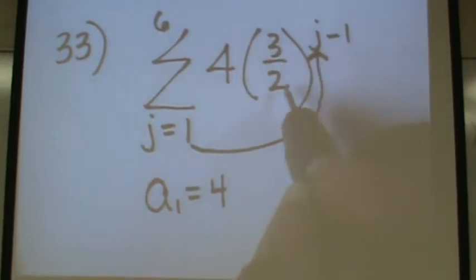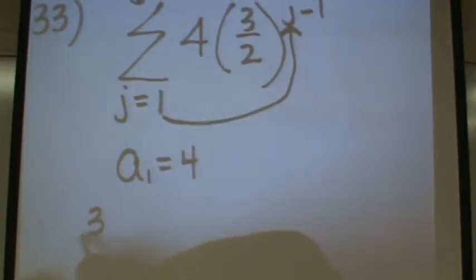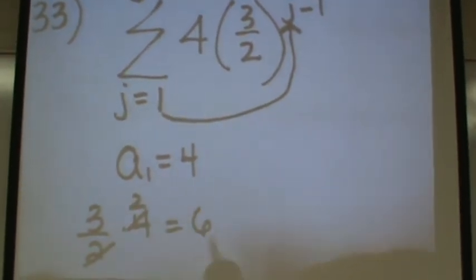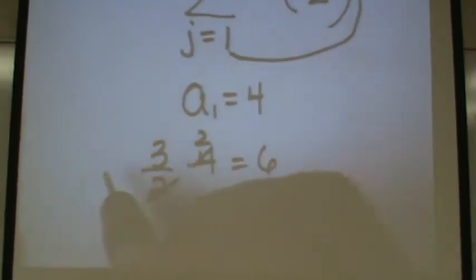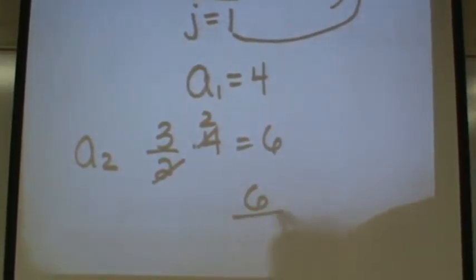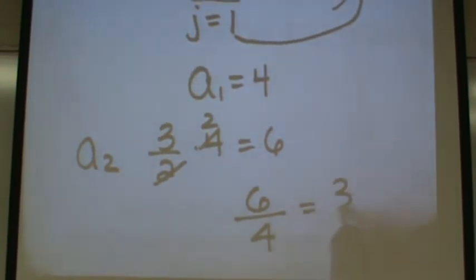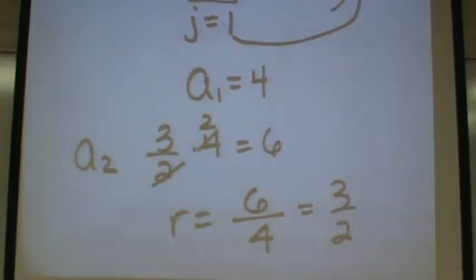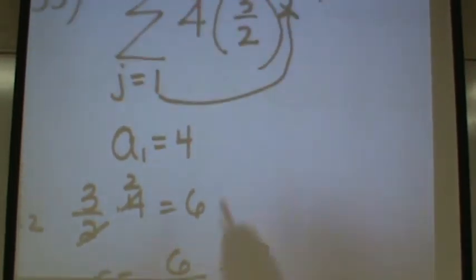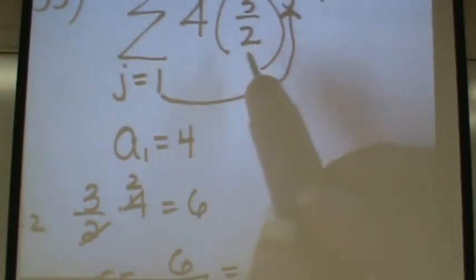So this is 3 halves. 3 halves times 4 is 6. So if this is the second term and that's the first term, 6/4 is 3/2. That's your r value.